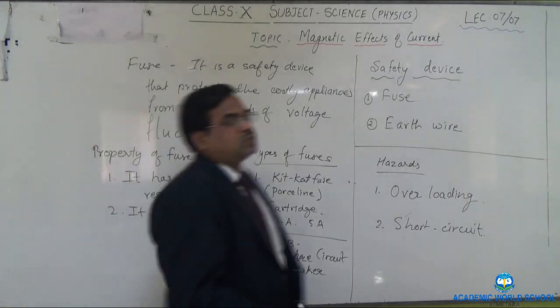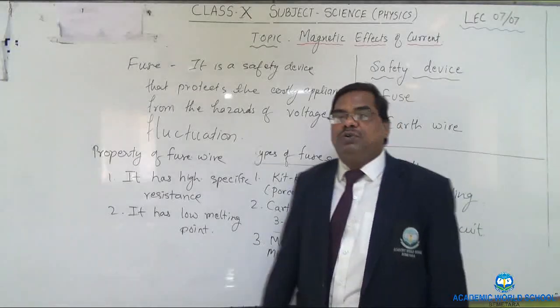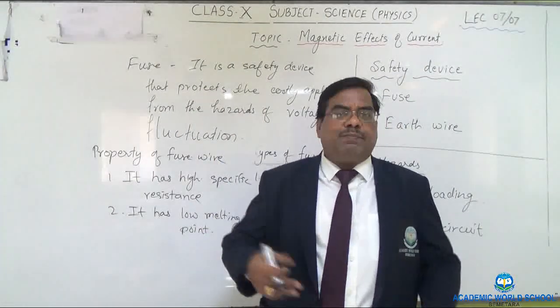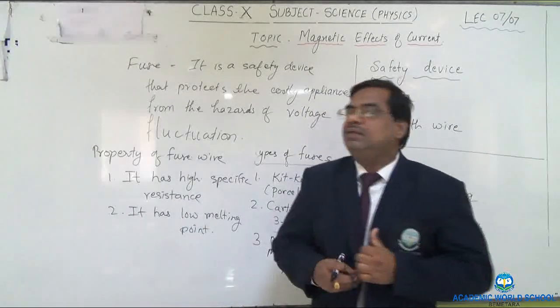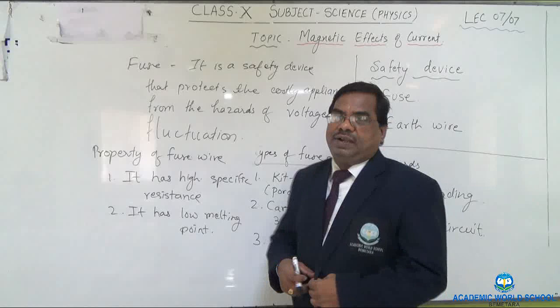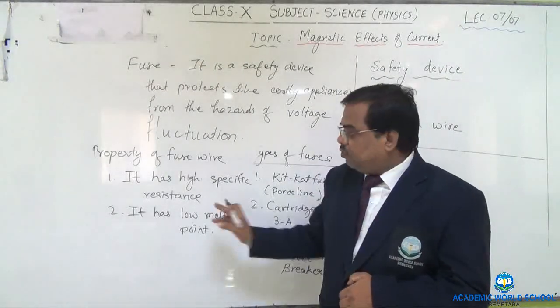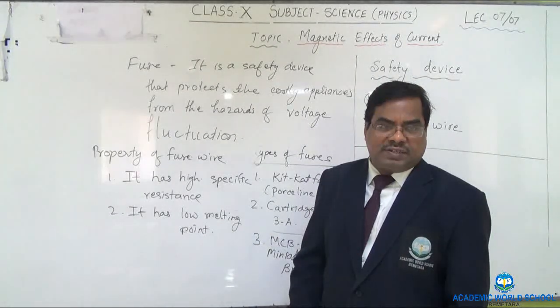So every fuse wire has high specific resistance, due to which it gets heated up quickly. It becomes hot quicker than the copper. And it has low melting point. Because of this, the fuse wire will melt quickly before the copper wire does.